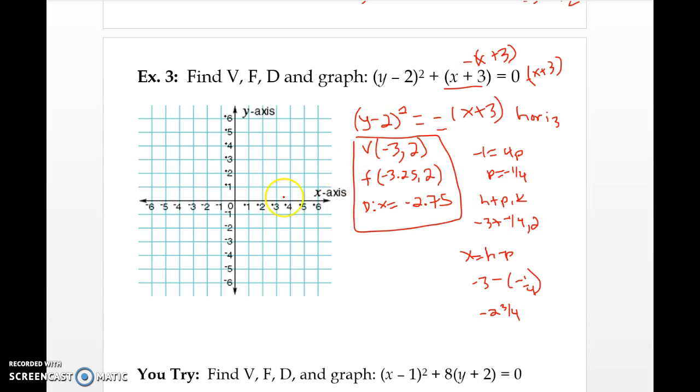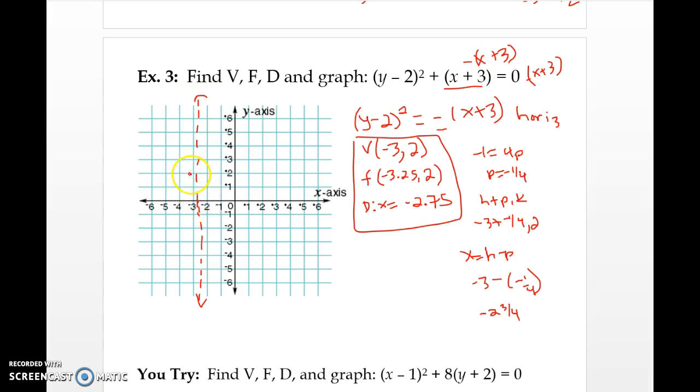Now we can graph. Your directrix, x equals almost -3. So that's going to be here. And your vertex is -3, comma 2.